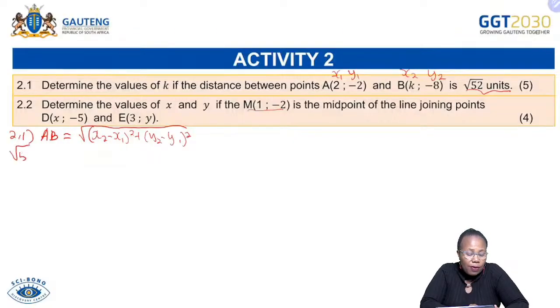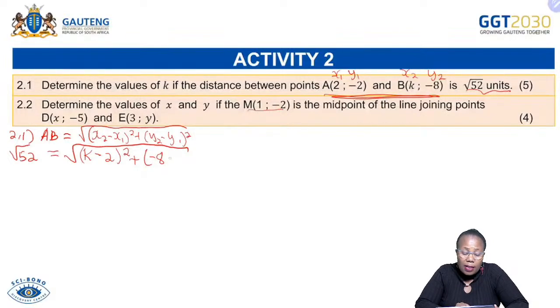Square root of 52 equal to the square root of x2 is k minus x1, 2 squared. We are substituting from here. And then plus the y2, negative 8, minus from the formula, and then y1 comes with the negative, this will be positive 2, and then squared all over in the square root then.